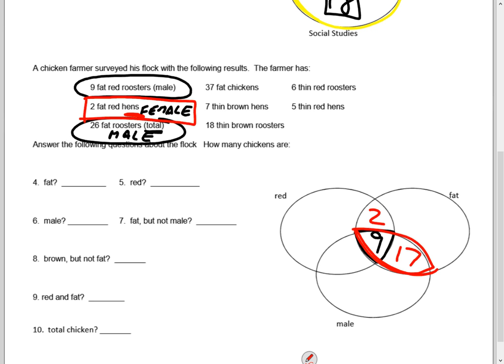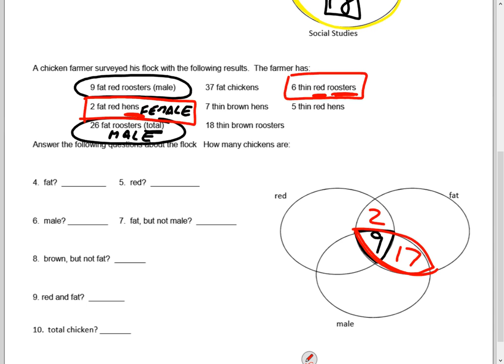What could we go after next? Because it's female, we're not considering the whole football shape, we're just considering that little section. Every problem's a little bit different. Thin is starting to be talked about. Well, thin isn't one of my sets, but red is.